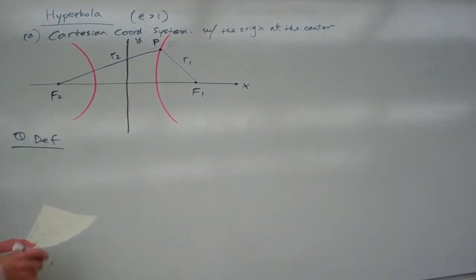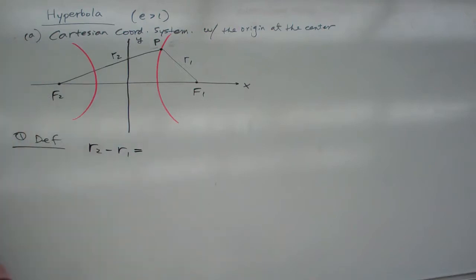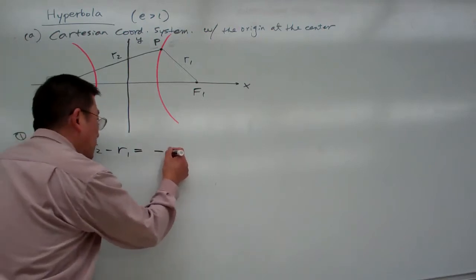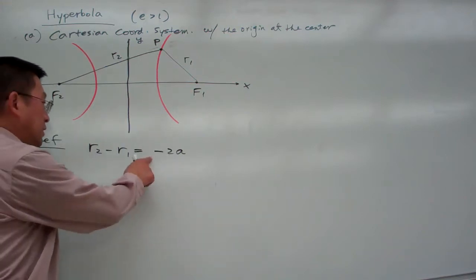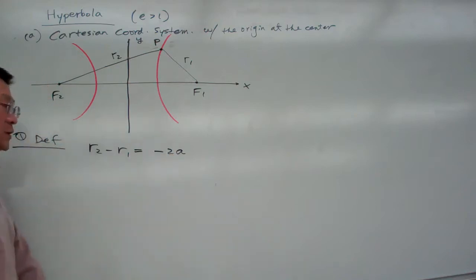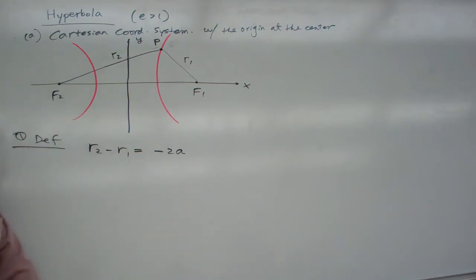And earlier we derived that R2 minus R1 equals a constant. I described to you the historical derivation, and for some reasons it is derived in this quantity. And a is an intrinsically negative value to make the whole thing positive, okay?